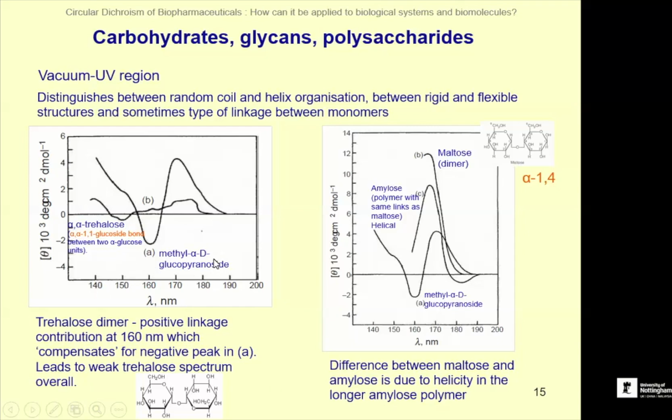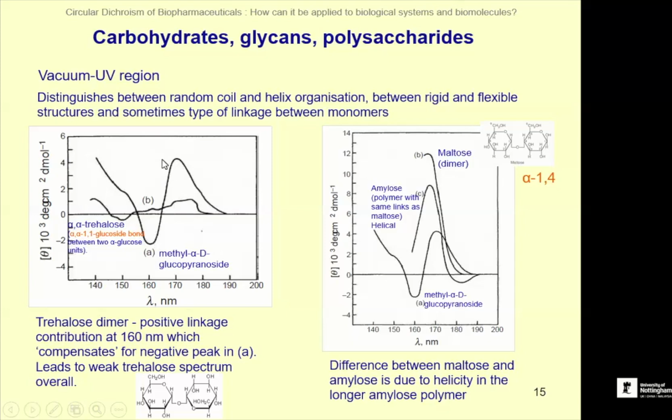So you can see an individual sugar, and if you looked at trehalose, which is glucose molecules bound together as a 1,1 glucosidic bond, then what you see is a very weak spectrum when the two are dimerized to make trehalose. The reason for that is the glucosidic bond has a spectral output which just happens to be the mirror image of the one that is negative for the glucose. So they counteract each other.